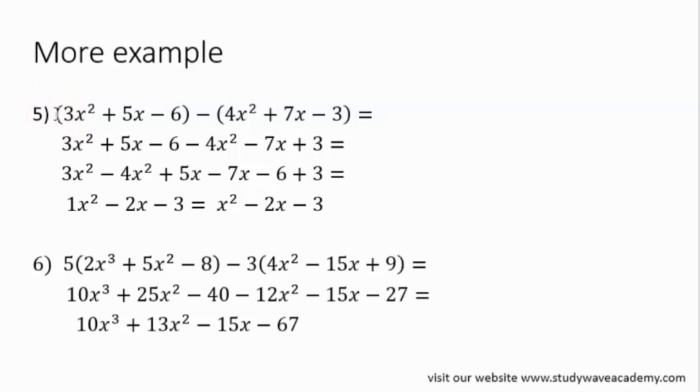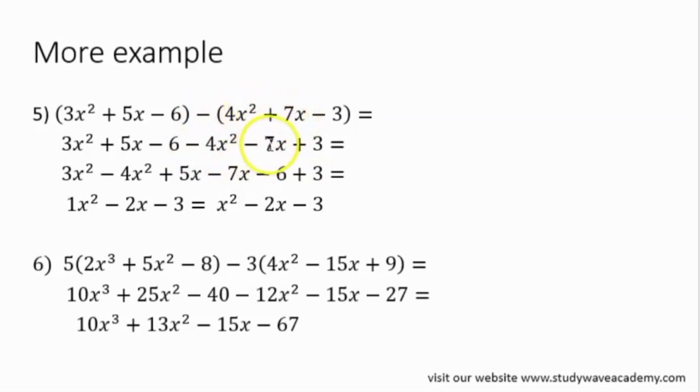So we are going to do it like the normal pattern we did in the last slide. 1 times 3x squared, then plus 1 times 5x squared, then 1 times minus 6, minus 1 times 4x squared, minus 1 times 7x squared.